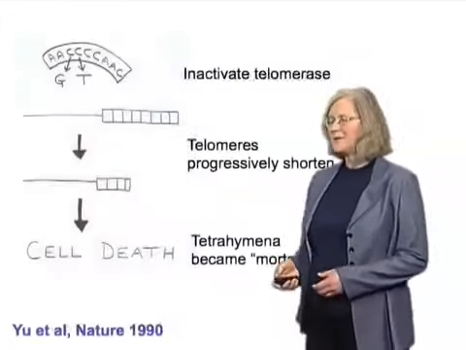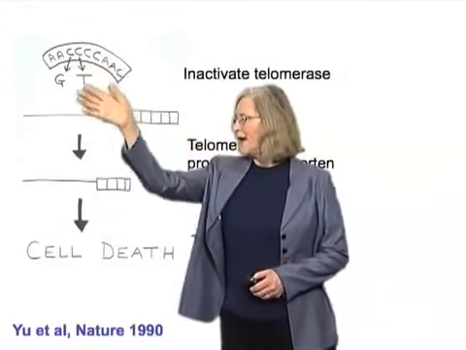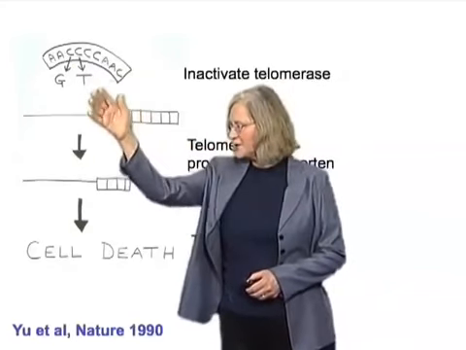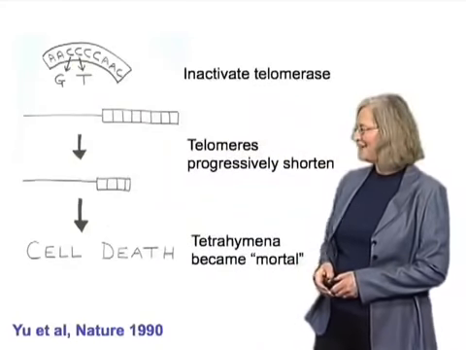We manipulated the telomerase RNA. Now, we made some changes in the RNA, and I won't go into the details of it, but the effect of such small changes in the RNA I've shown diagrammatically here.